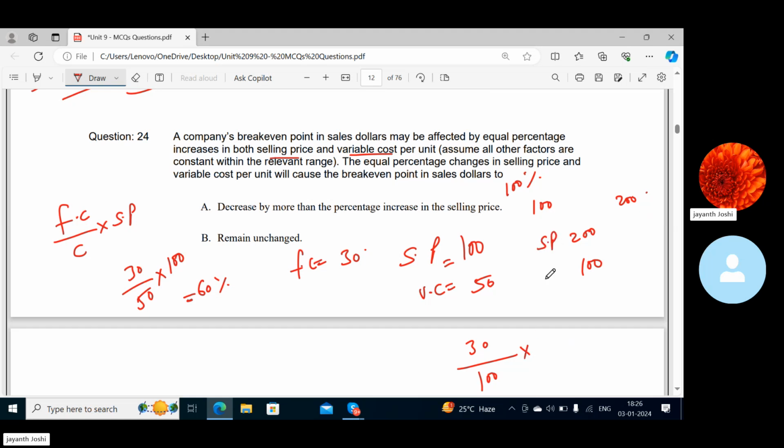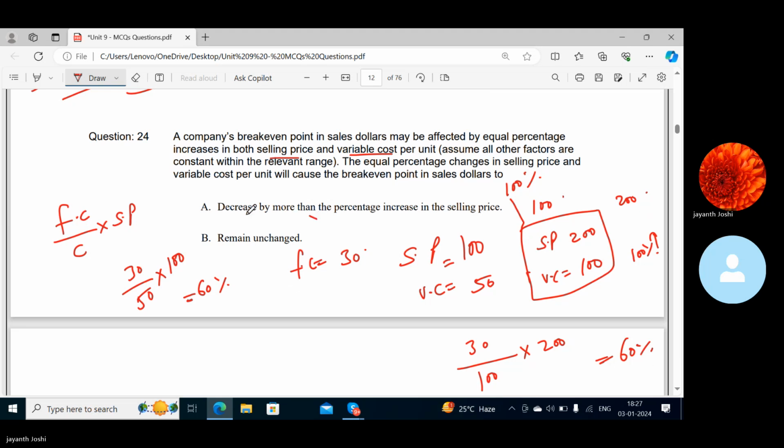This is the change in selling price, okay? 100% increased price. Equal increase. 60 only. Any change? No. Same. Make a note of this: remain unchanged.